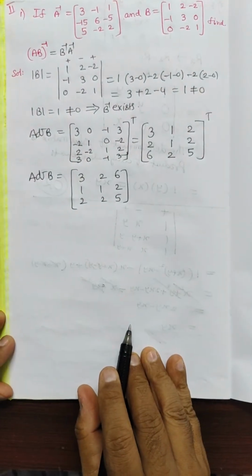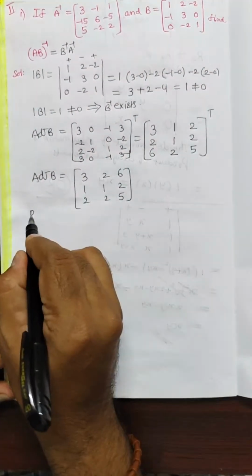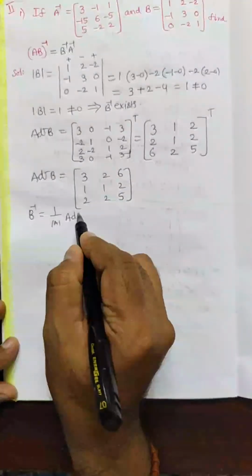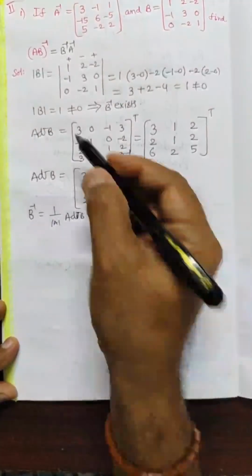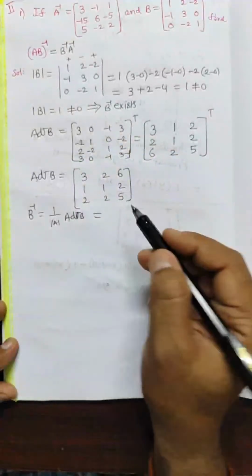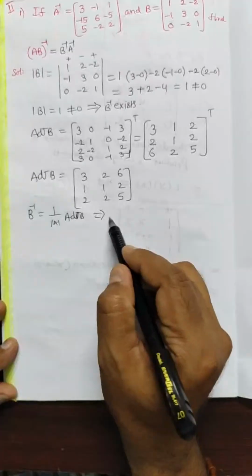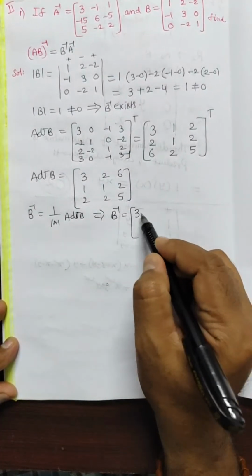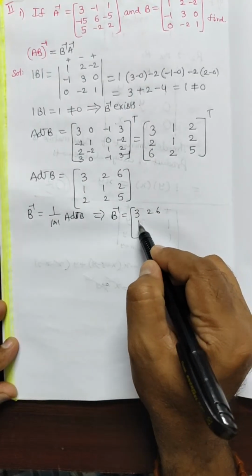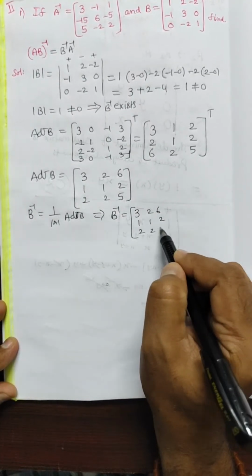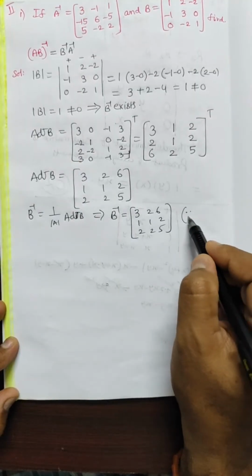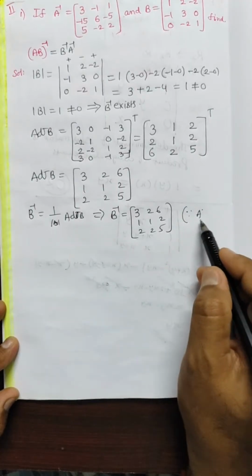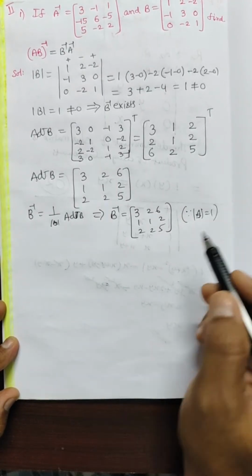After that, B inverse is equal to 1 by det B into adjoint B. The det value is 1, no need of writing. Therefore, B inverse is equal to adjoint: 3, 2, 6, 1, 1, 2, 2, 2, 5, since det B is equal to 1.